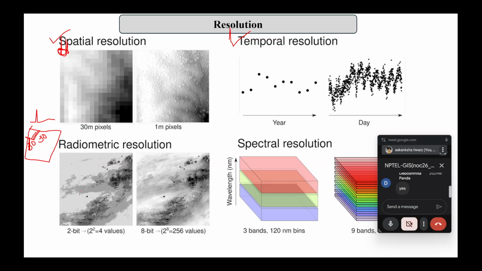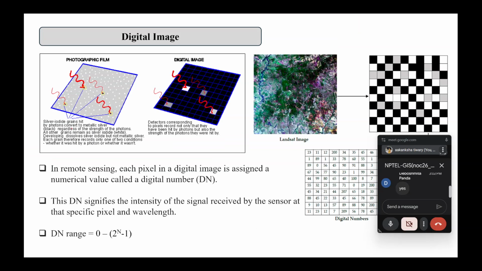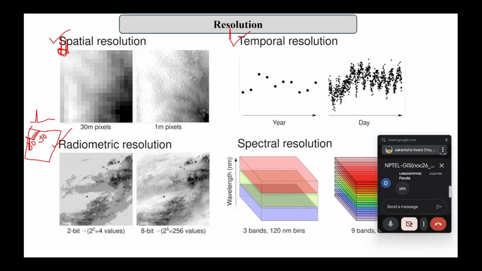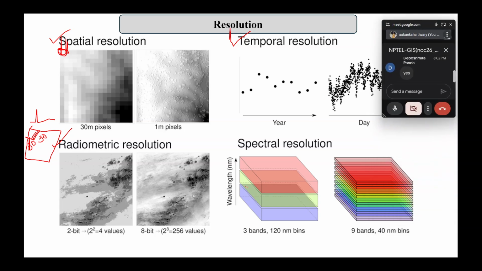So this is what radiometric resolution is. It is related to the DN values. If it is a 2-bit image, you only have 4 DN values, but if it is an 8-bit image, you will have 256 DN values.